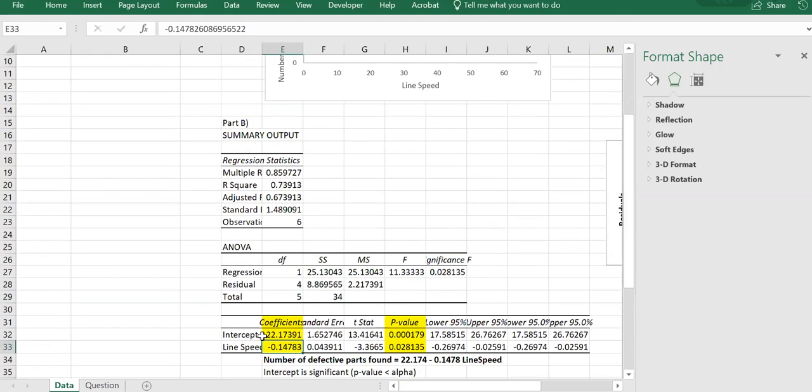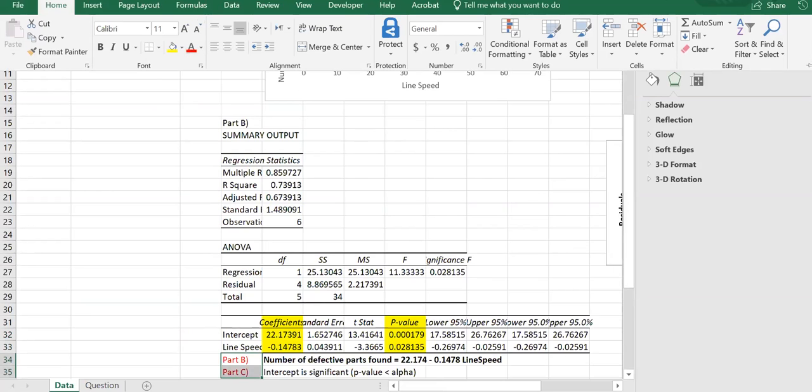I think we just checked part C as well. So part B was this, and this is part C, the significance.